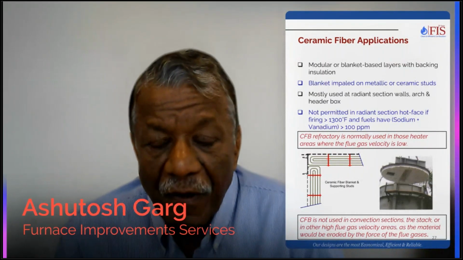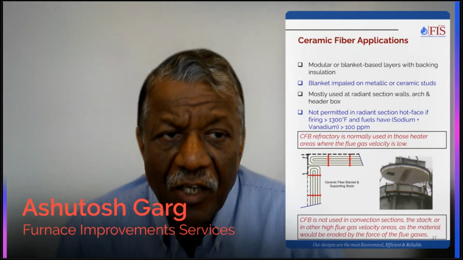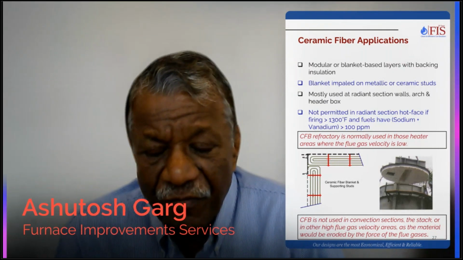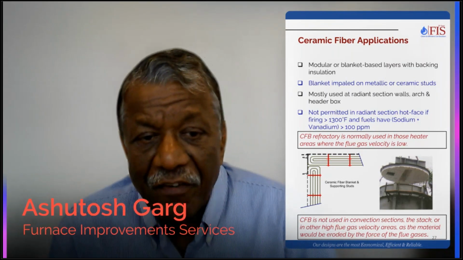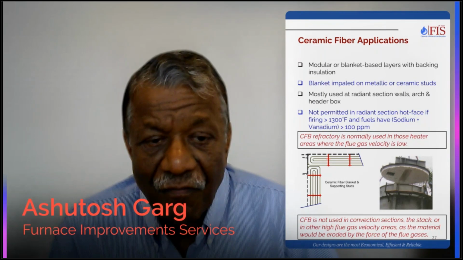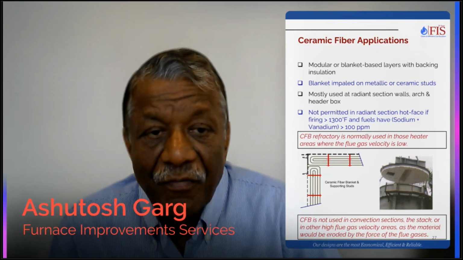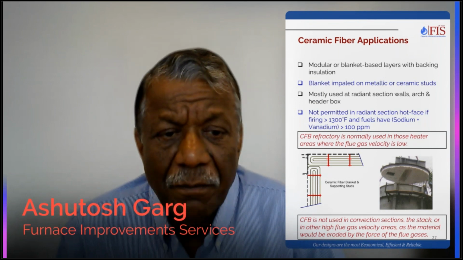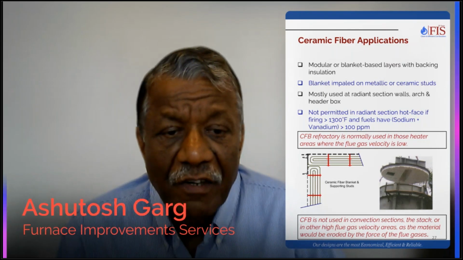So this ceramic fiber normally is made in 1 inch thick blankets, and we have the anchors over here. You can see this, and you impale this blanket on these anchors to develop a 1 inch layer.